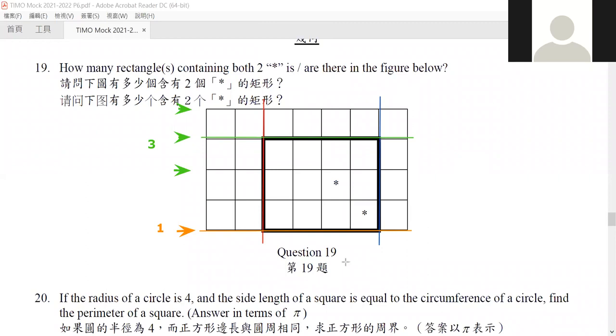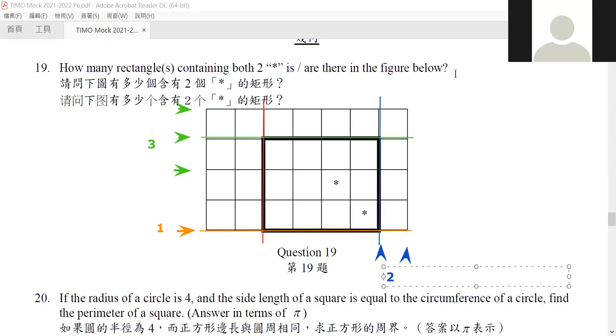It must be to the right of all the stars, which means it can only be selected in these 2 positions. Otherwise, the right-hand side of the rectangle is not far enough right to cover all the stars, so it will not contain the 2 stars.